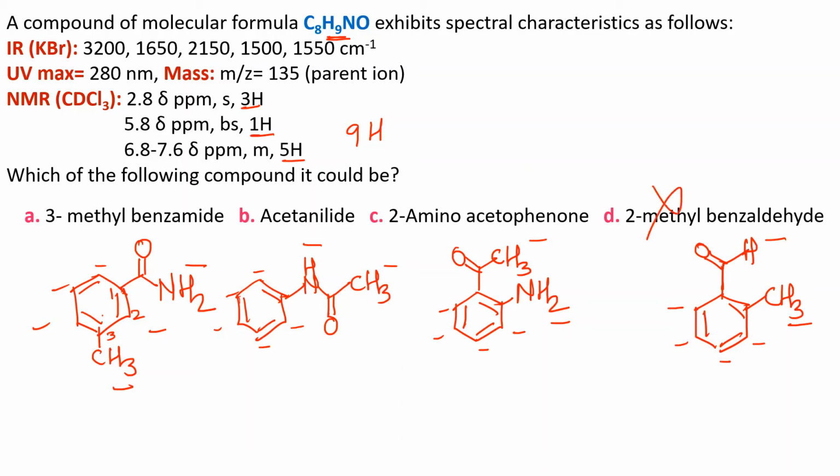So this D structure, option D, is now out of the options. It is not the correct answer because it has only 8 hydrogens.